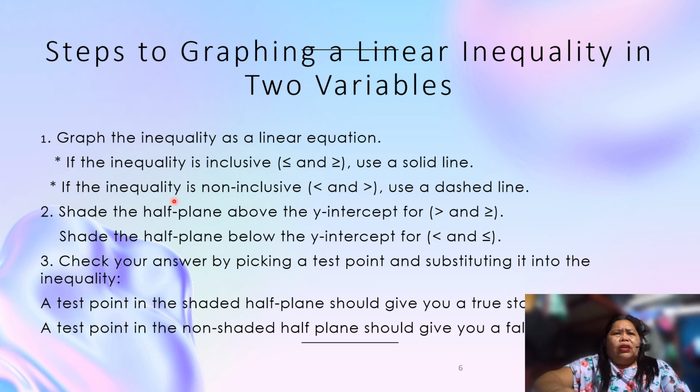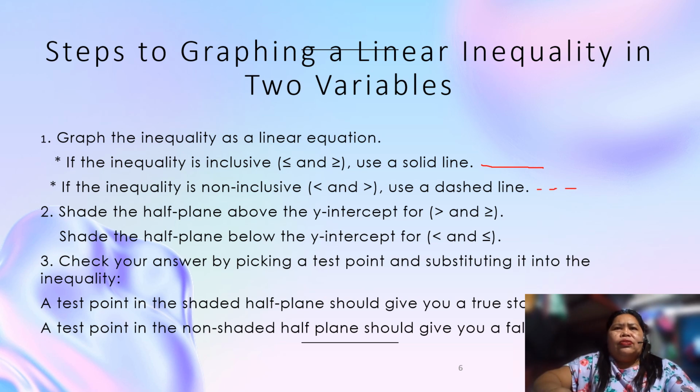If the inequality is non-inclusive, that's less than or greater than, use a dashed line. When we say solid line, we have a solid line like this, and the dashed line is like this.